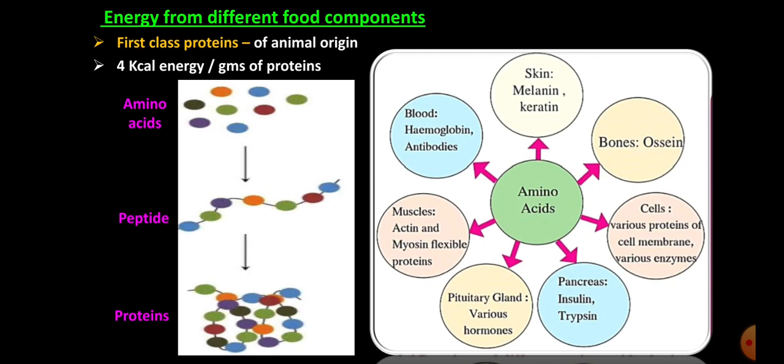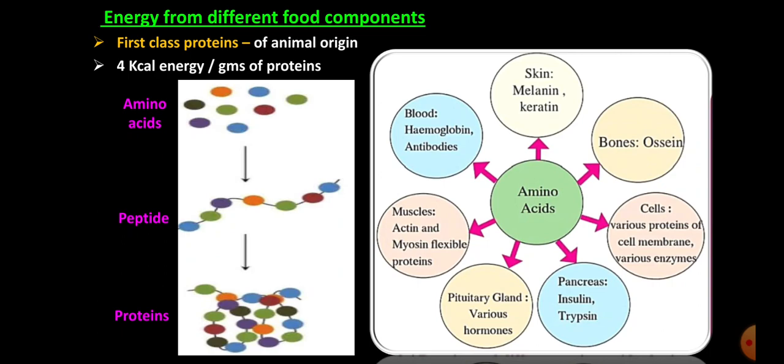Now, the different amino acids and proteins which are obtained are shown in the figure. The skin contains melanin and keratin. They are also produced from the amino acids. The bones contain osseine. Cells contain various proteins of the cell membrane and various enzymes.